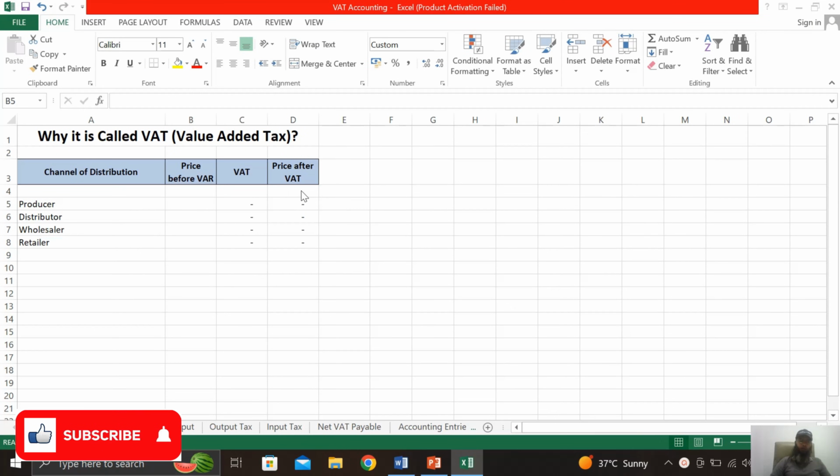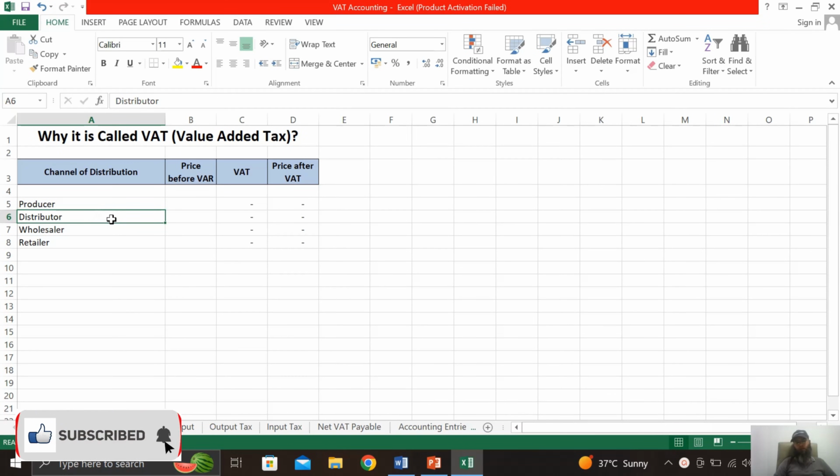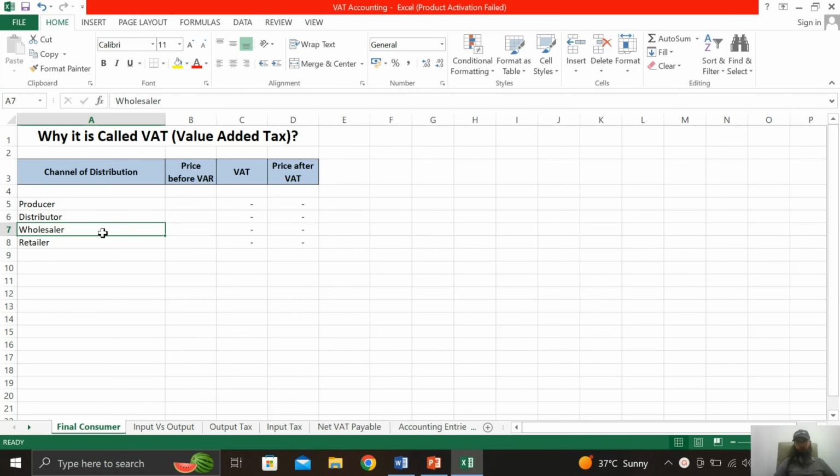So here in this sheet we will see how the VAT is finally paid by the final consumer. Here we have the producer. The producer will give this item to the distributor. The distributor will sell this item to the wholesaler in the market, the wholesaler will sell to the retailer, and the retailer will sell to the final consumer. What price is the producer charging?